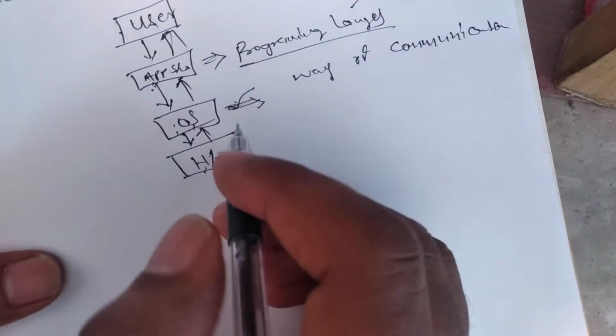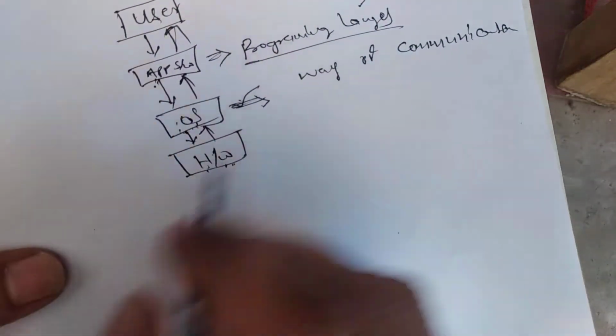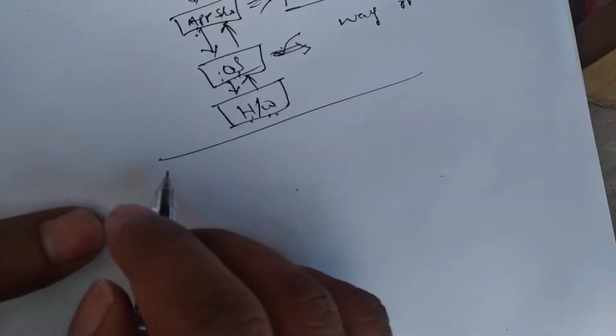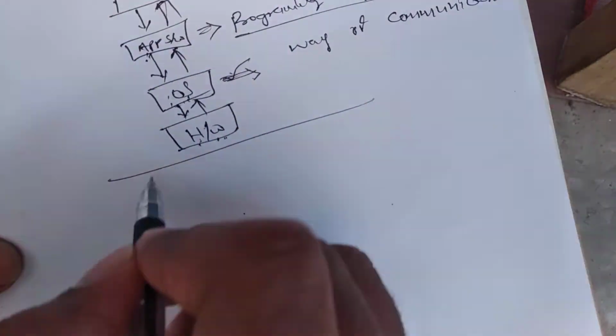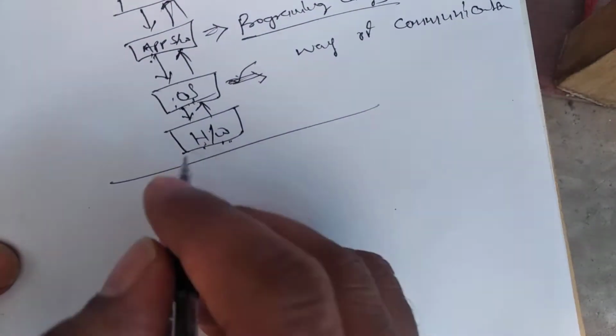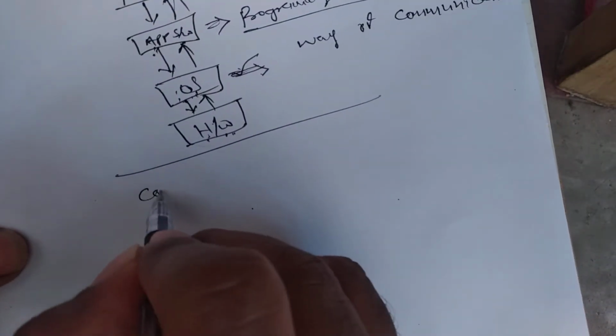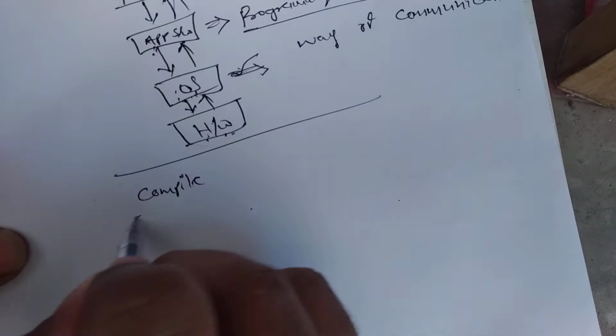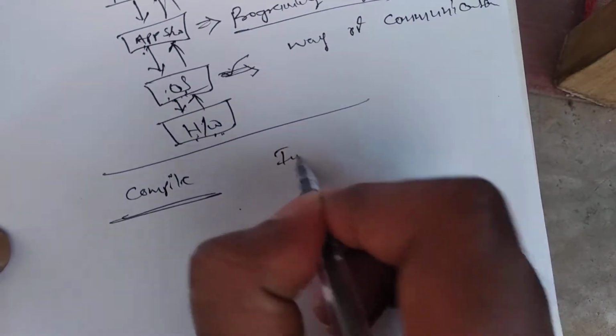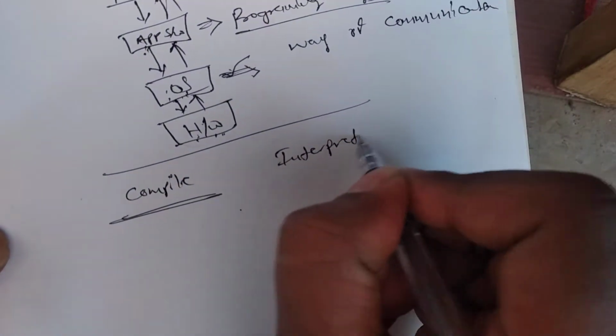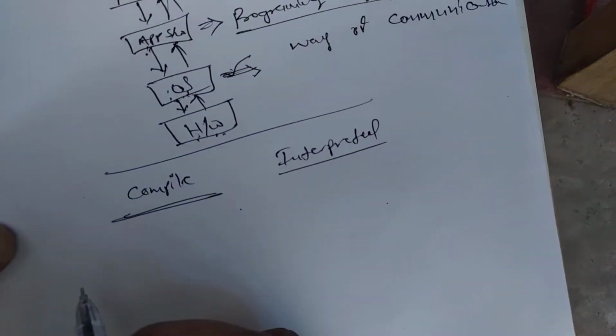In the programming languages we discussed two types of programming language. One is compiled programming language, second one is interpreted programming language.